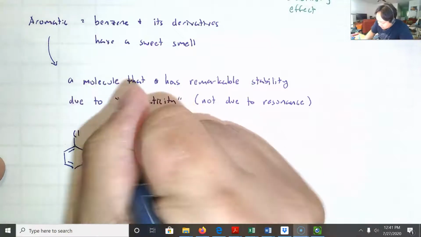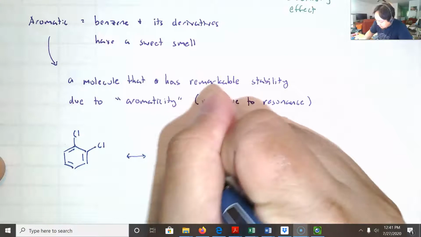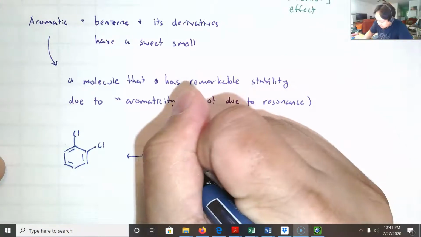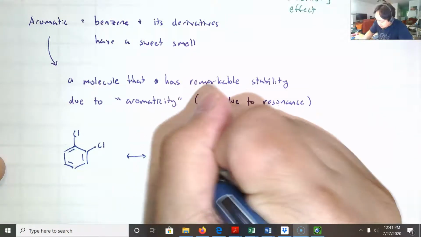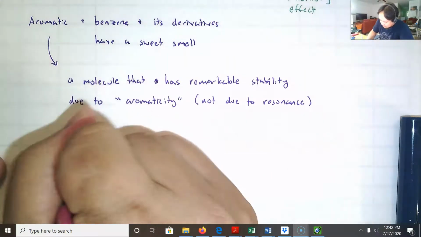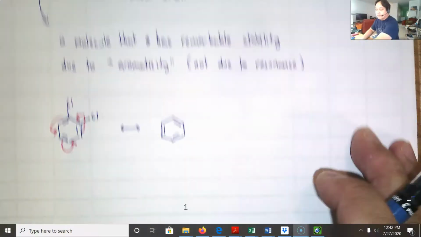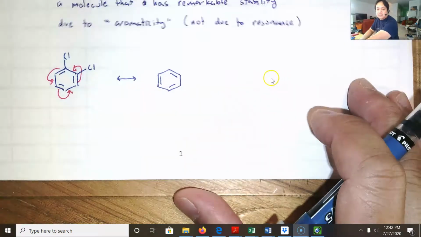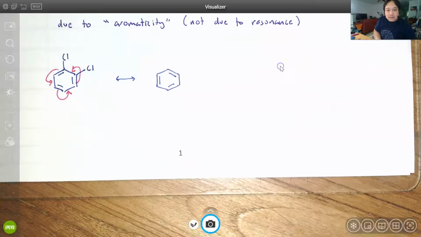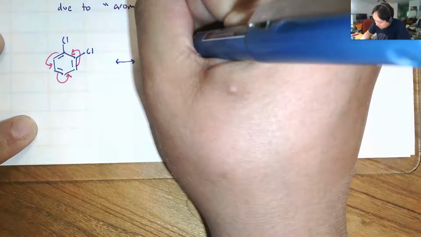Another evidence that it is true is that if you mark two of the carbons by putting chlorines on them, and you show the resonance structures for these two molecules. Okay, these two molecules, and the chlorines are here.